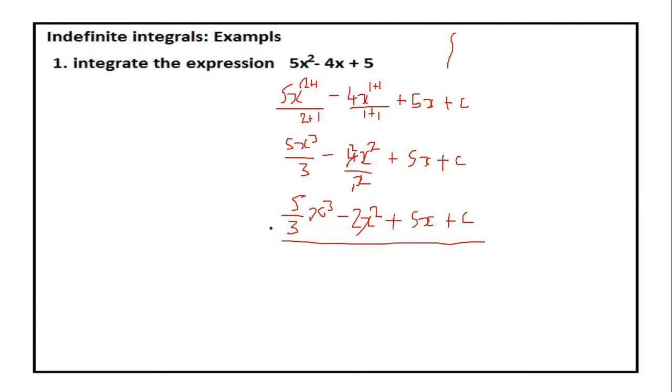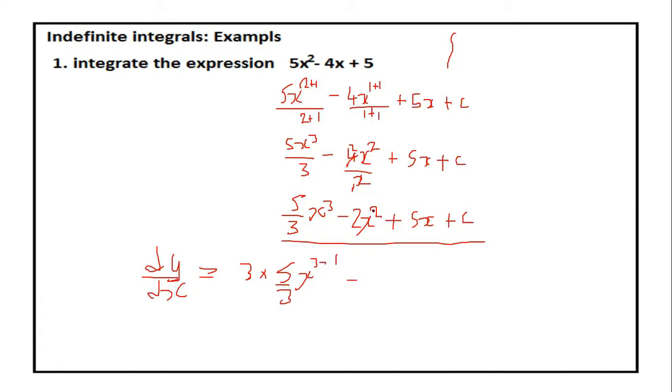So if we differentiate this one, then dy by dx will simply be equal to, so this 3 will come down here, so it will be 3 multiplied by 5 over 3. So this is x to the power 3, then here we have to subtract 1.